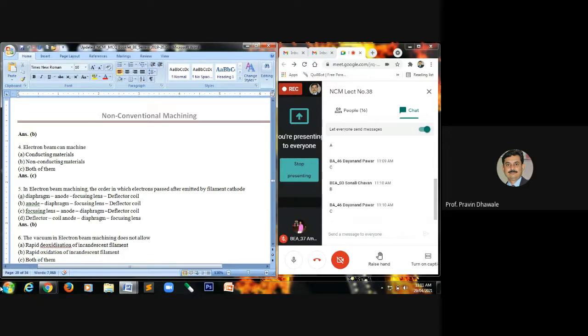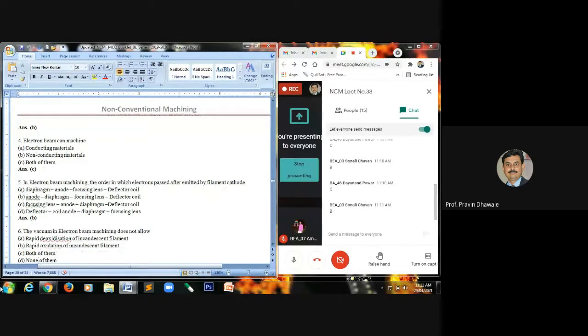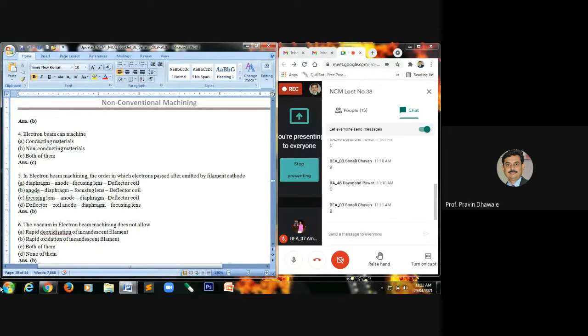The vacuum in electron beam machining does not allow rapid oxidation of the incandescent filament. Both of them. The option, rapid oxidation of the incandescent filament. I think none of them, or B. Correct. Right, Sonali.